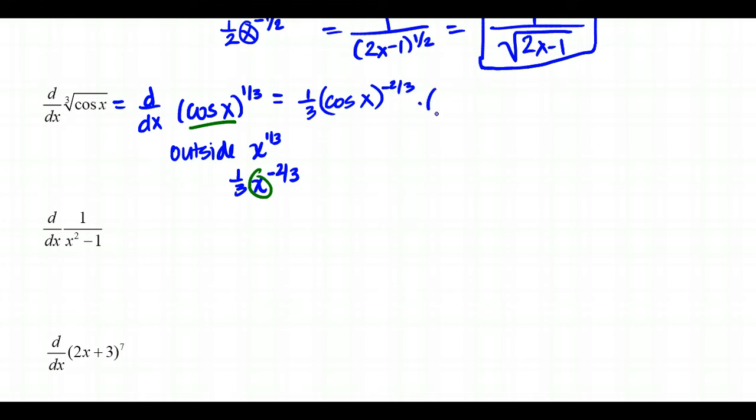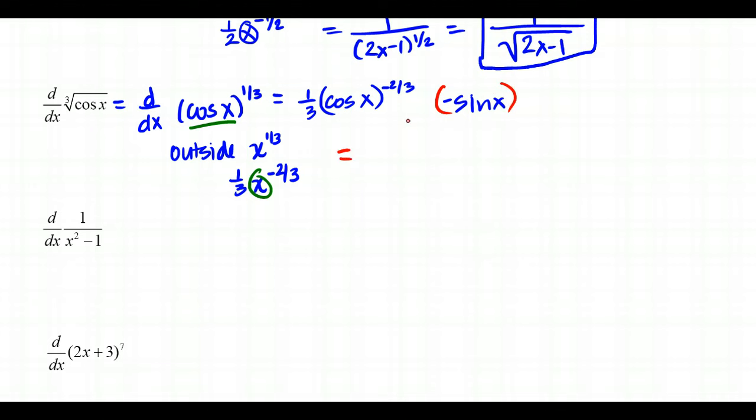The derivative of cosine is negative sine x. Now I want to stop right here and point one thing out: I have to put parentheses right here, because if not, if I just write times negative sine x, that's going to look like a minus sine x, right? And it's times negative sine x.